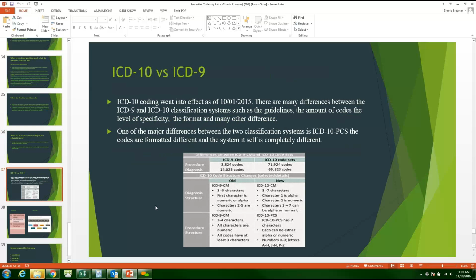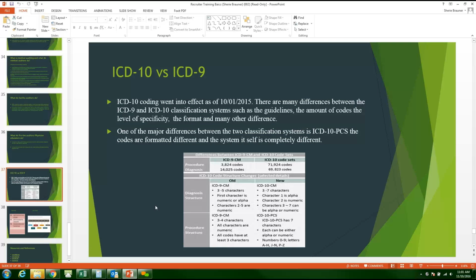Slide number 37. This just gives you an overview, and I left these on here just because I wanted to let you know of the changes that were made as of 10/1/2015. This gives you some examples of what has changed.